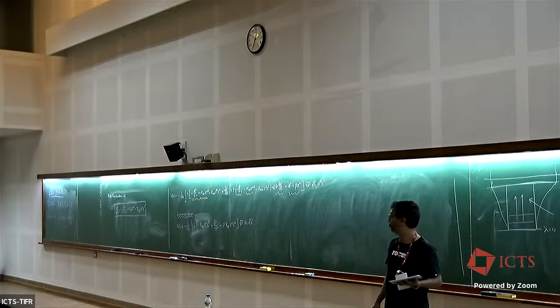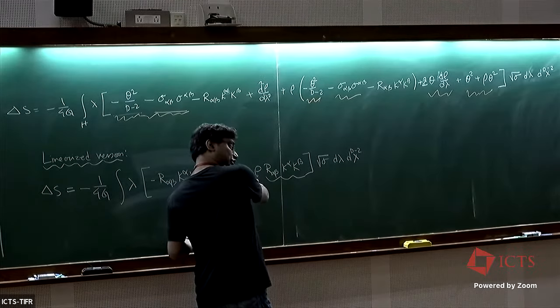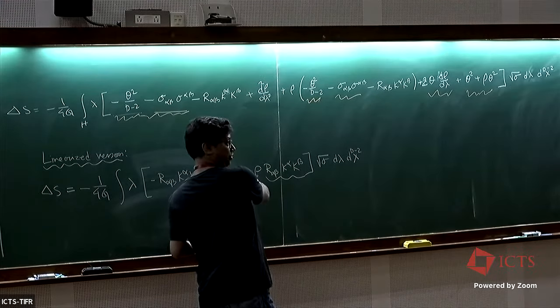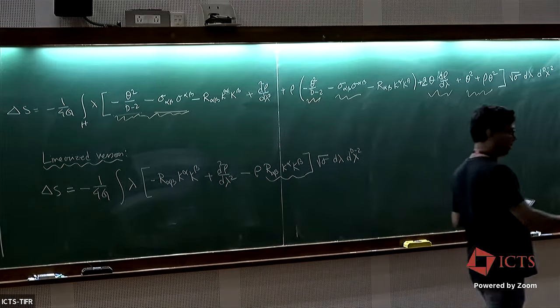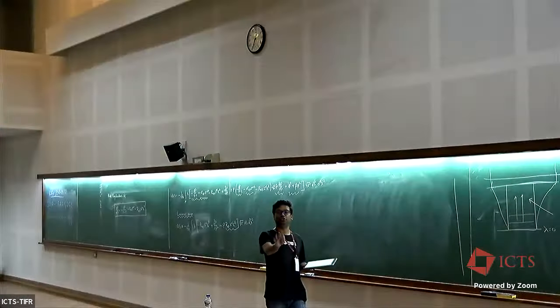But rho has a non-zero value on the background stationary also. This is the correction to entropy, so this is first order. All quantities have a first order contribution, so we'll only look at that. Rho has a non-zero value on the background because rho is like F prime R for F(R) gravity. Is that clear?